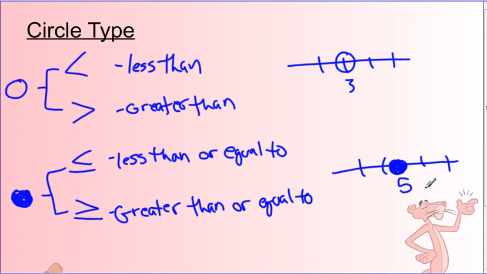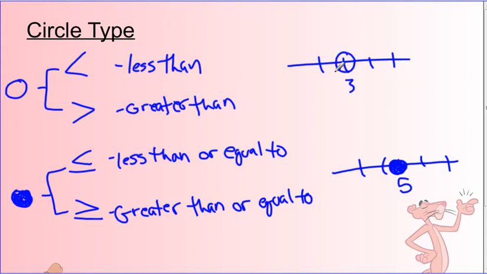Now, the reason why we have hollow dots and solid dots is in this problem here, this answer of 3, we were not saying that 3 is an answer. We're saying like everything less than 3 is an answer, or everything greater than 3, but not equal to 3.